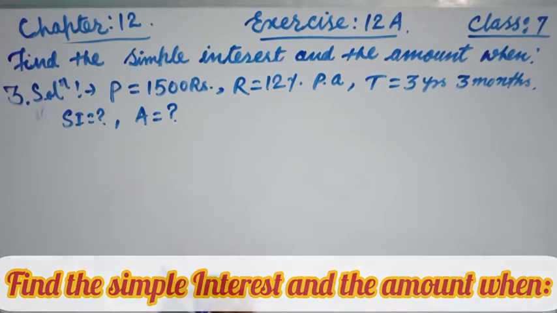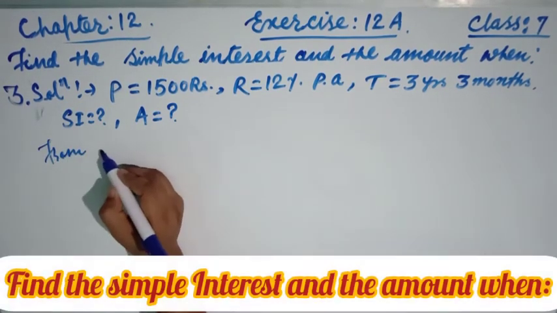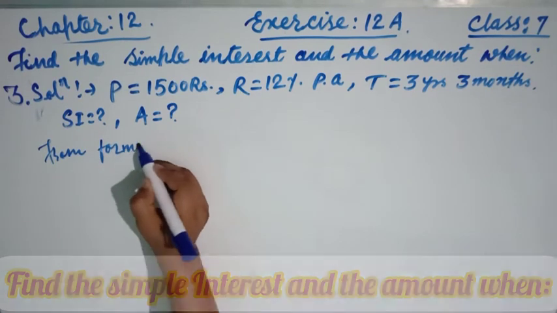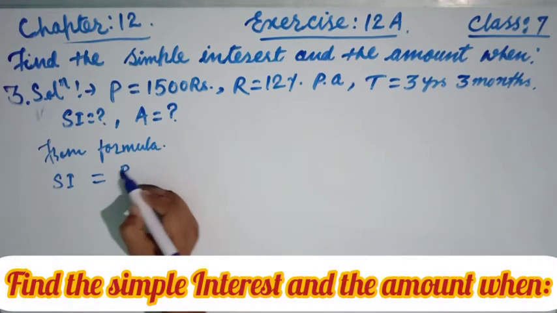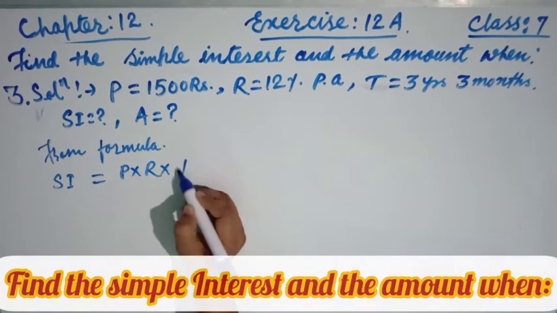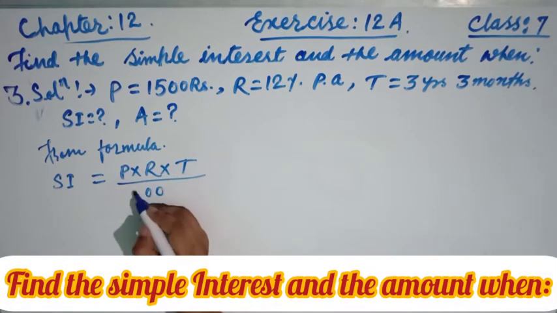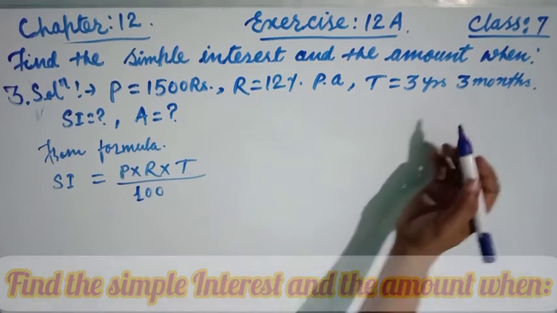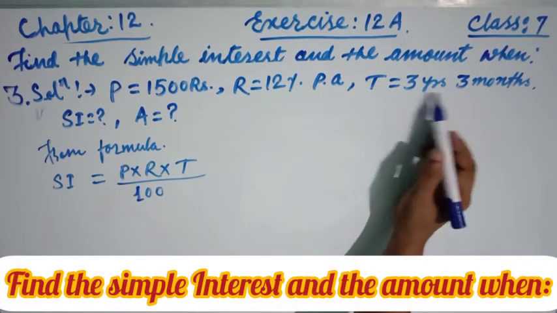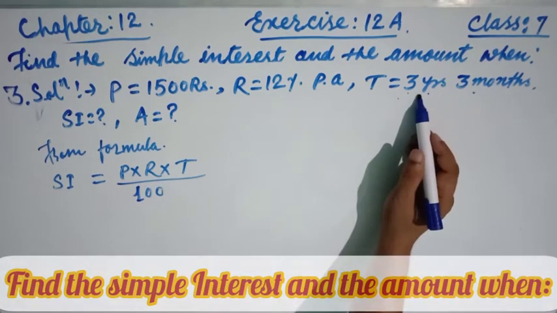Now here, friends, first we have to mark, because the time is given, whenever we write the formula, SI is equal to P multiplied by R multiplied by T divided by 100. This T is the time in years, but the time given here has two terms, 3 years and months, that is, the time is given in years as well as months.